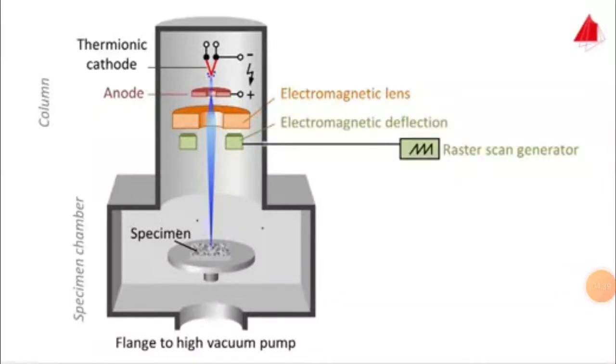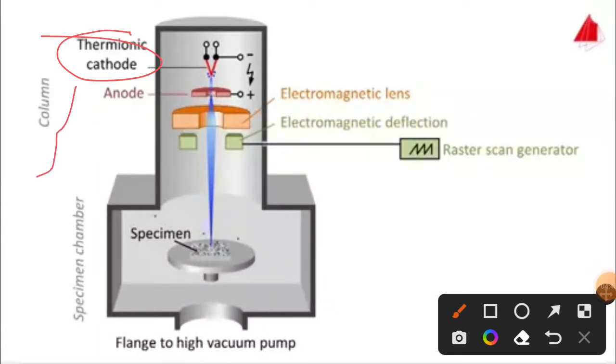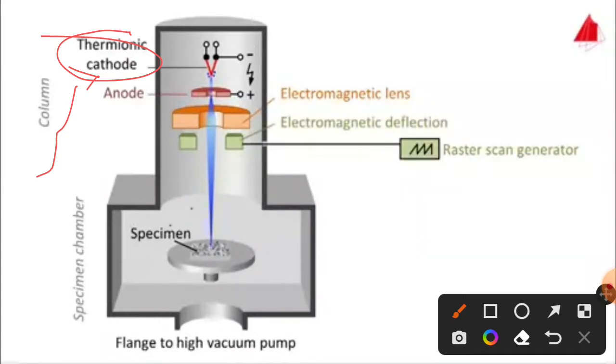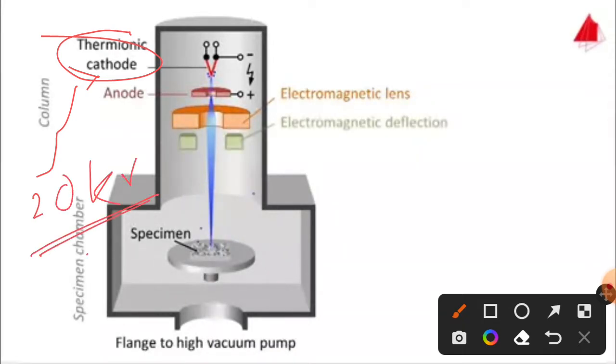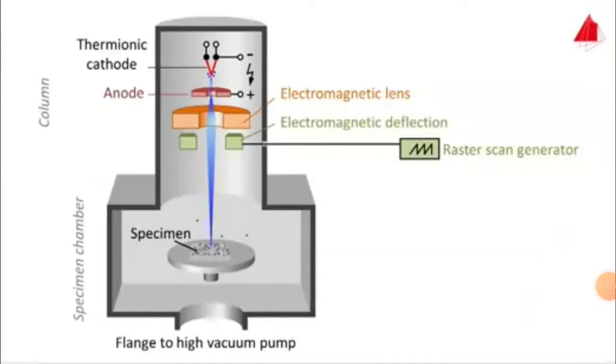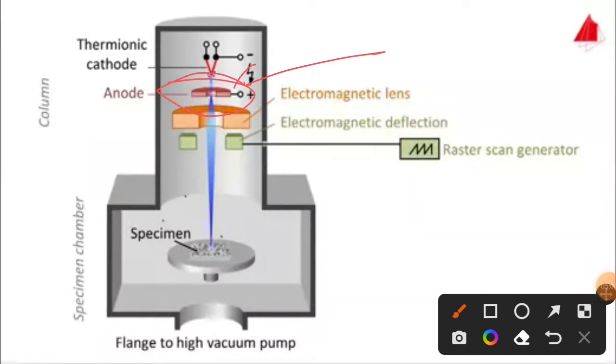The first component is the thermionic cathode. When we give high energy, near about 20 kilovolt, to the thermionic cathode, it will release electrons. After the thermionic cathode there is an anode.